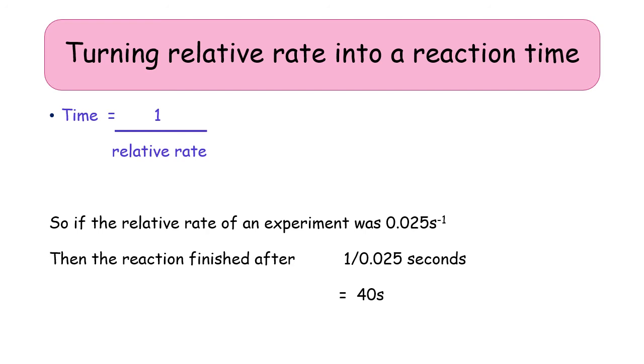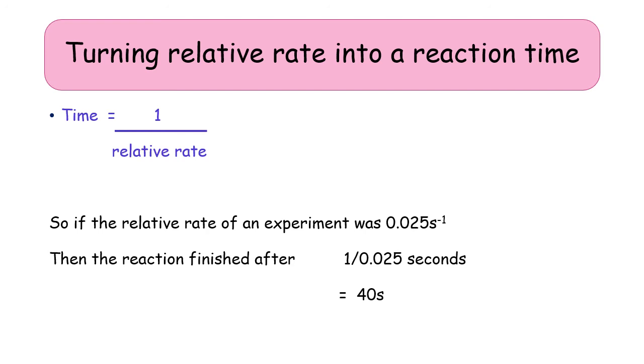Well, it's just as easy to do as it is to calculate rate. The finishing time for a reaction is just 1 divided by the relative rate. So if you were told that the relative rate of an experiment was 0.025 seconds to the minus 1, then the time taken for that reaction is just 1 divided by that number, which gives us 40 seconds.